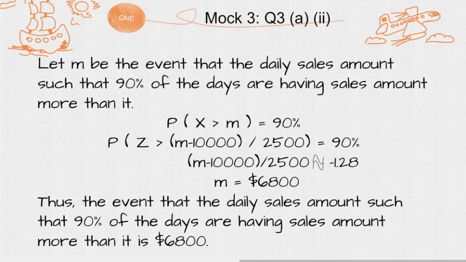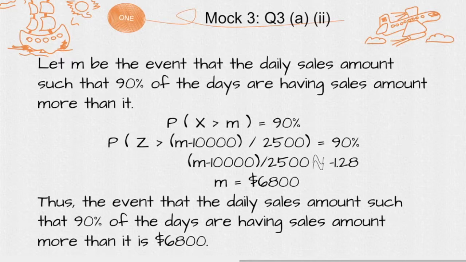Next step is Z greater than (M minus 10,000) over 2,500 equals 90%. When (M minus 10,000) over 2,500 is similarly equal to -1.28, we can know that M is equal to 6,800.